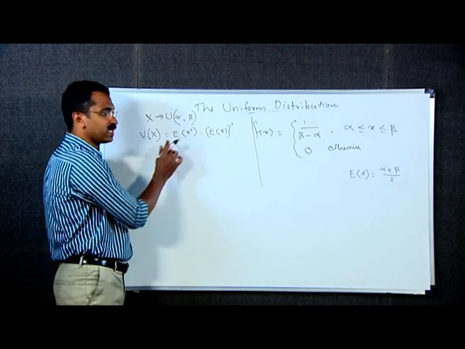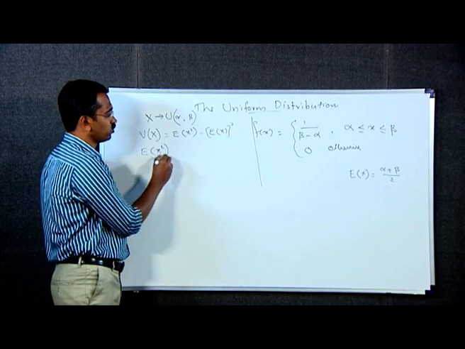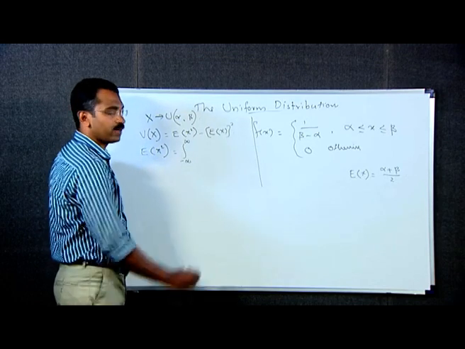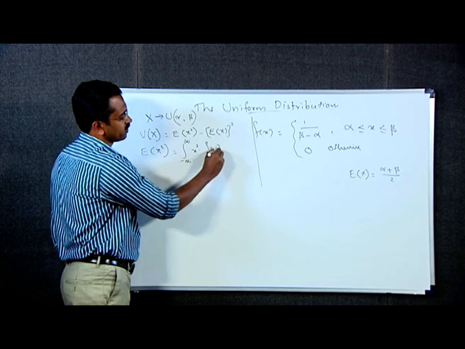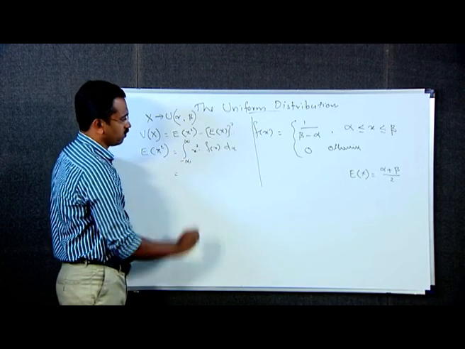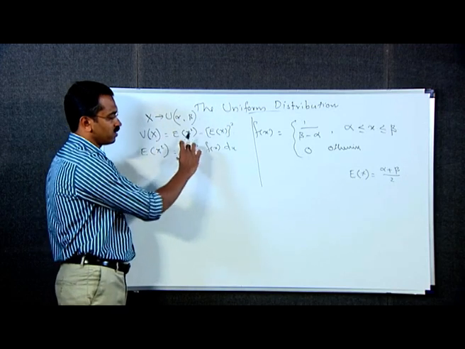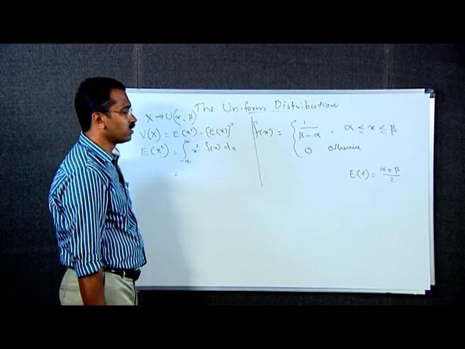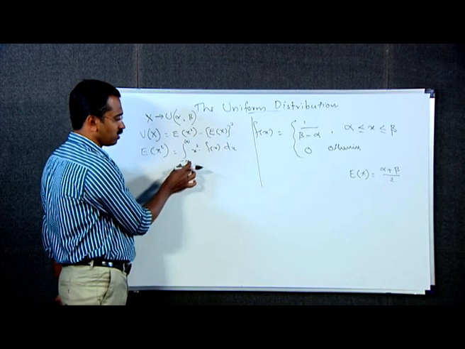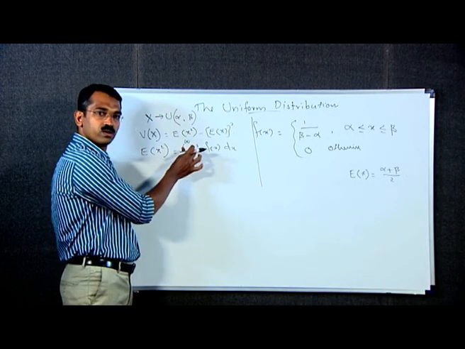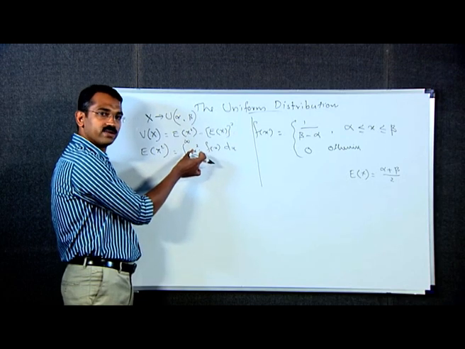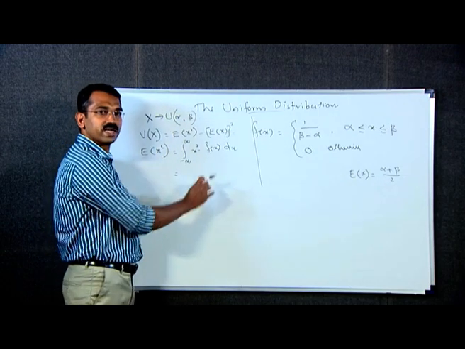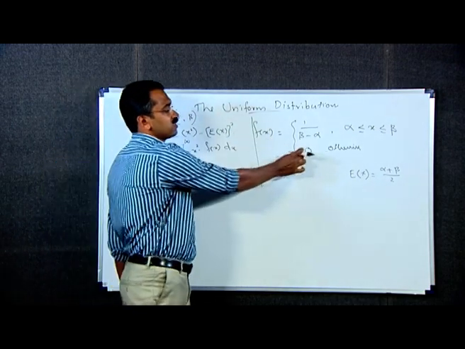By the definition of expectation, E of x square is equal to integral from minus infinity to infinity x square into f of x dx, which is equal to, we can split this limit of integration minus infinity to plus infinity into three parts. That is, one is from minus infinity to alpha and alpha to beta, then beta to infinity. In the first and third case, the function is defined as 0.